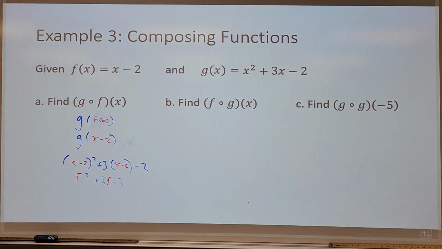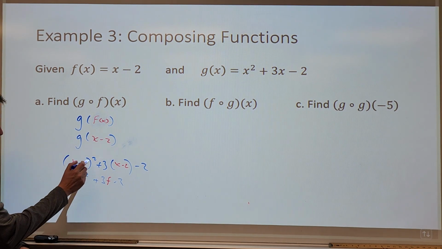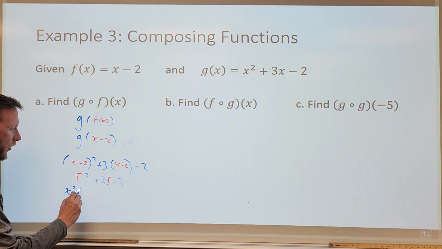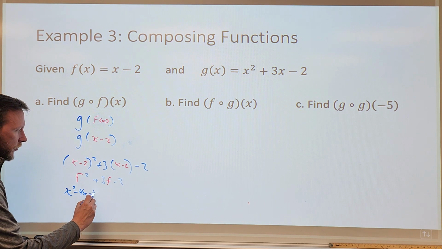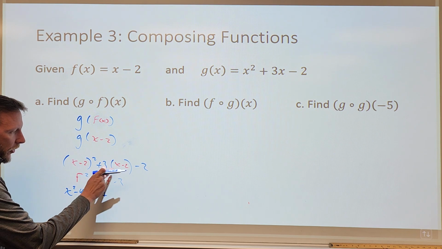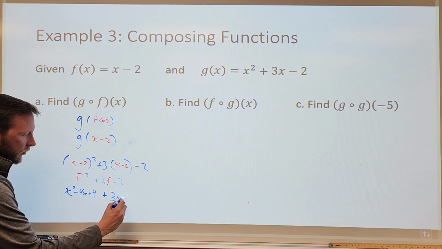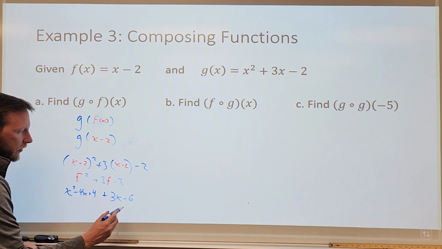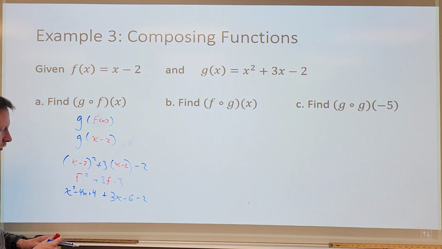So there are two ways to write that, but really we want to be able to execute these operations. So I have to do x minus 2 squared, which gives x squared minus 4x plus 4, and then we add 3x minus 2, so 3 x's and negative 6, and then minus 2. Now we get to combine our like terms.